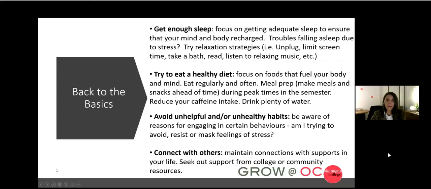Okay, so this is back to the basics. So I think so often, we forget about the basics, the role of a busy student. I hear this over and over again, I'm not sleeping well and I'm not taking time to eat a healthy diet and I'm not connecting with others.